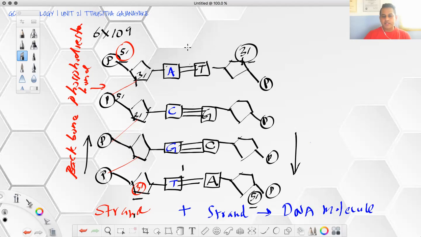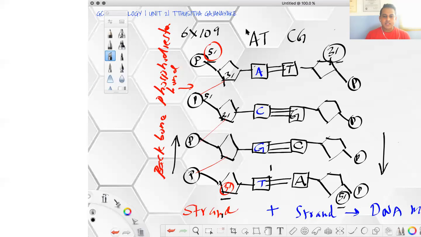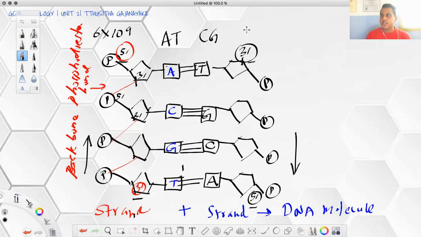And this base pairing, you can remember as a straight line for A and T, and a curved line for C and G. So this is often referred to as Watson and Crick base pairing because Watson and Crick discovered the exact shape and structure of the DNA molecule. Somewhere around 1962, they got the Nobel Prize for discovering the exact shape of this DNA molecule.